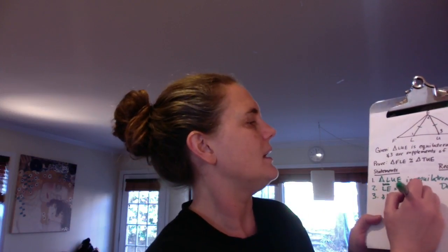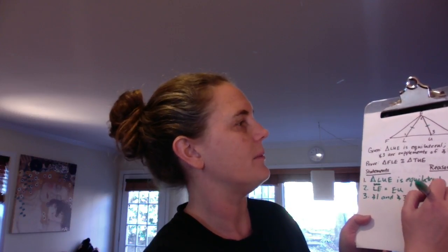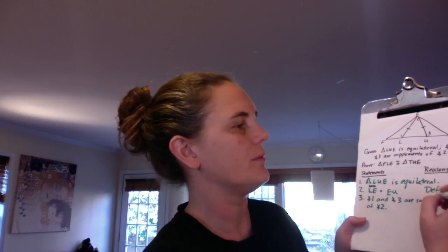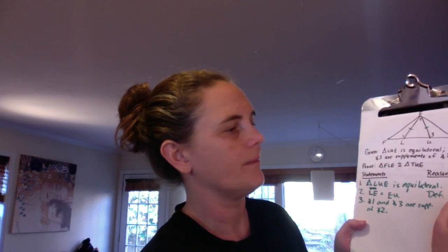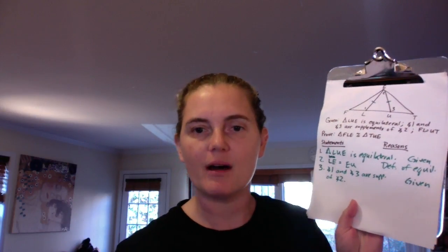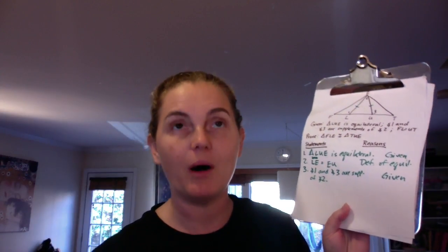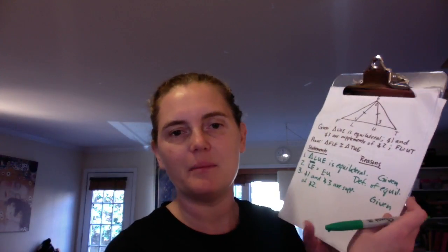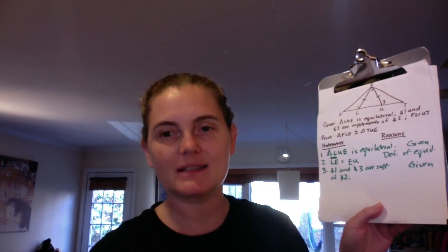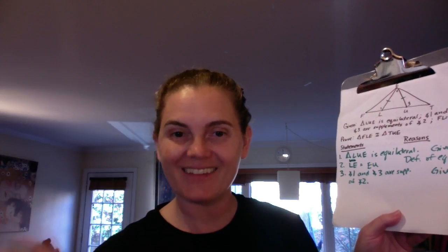Angles 1 and 3 are supplements of angle 2. Given. Now, this should set off some alarms in your head. I'm hoping that you'll remember earlier, one of the things that we proved is that supplements of the same angle are equal.